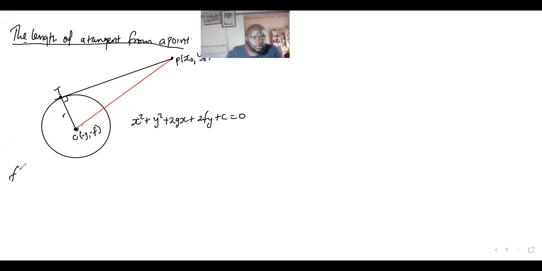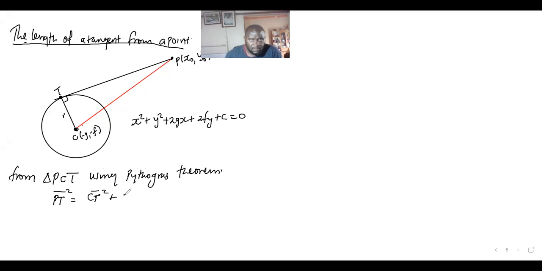So from the triangle PCT, using Pythagoras theorem, PT squared is equal to CP squared minus CT squared, or TC squared.